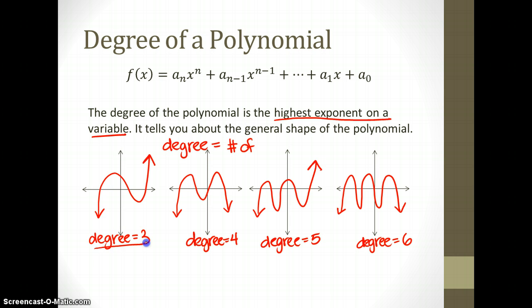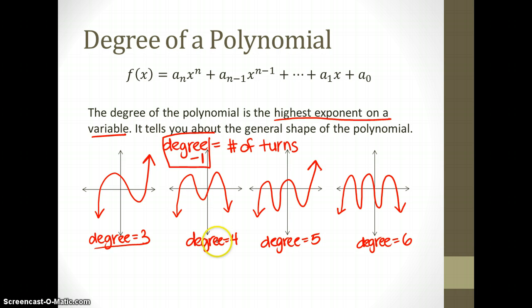If we look at the degree 3 polynomial and you follow along with your pencil, going from left to right, it starts going up, changes direction to go back down, changes direction, goes up again. So the degree minus 1, actually, is how I should write this, is the number of turns your polynomial can make.